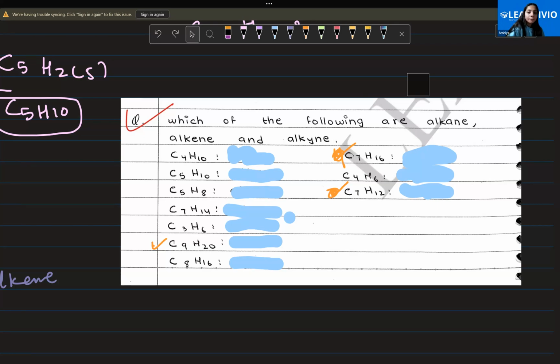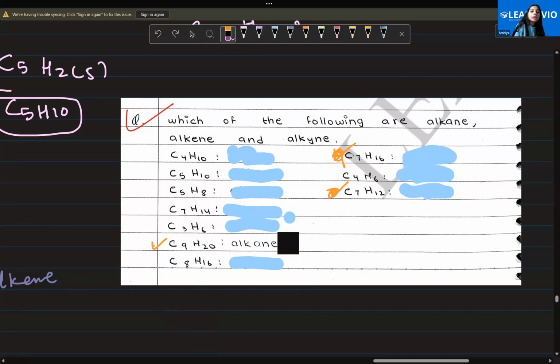Ma'am, the first one is alkane. Which one are you talking about, C7H12 or C9H20? C9H20 is an alkane. Yeah, it is alkane. Ma'am, the second one is also alkane.